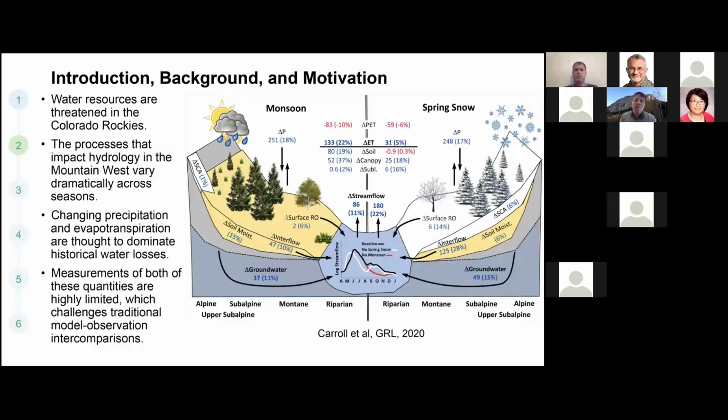So we have a cartoon plot in this figure showing the seasonal variations, and particularly focus on the left side of this figure, where we are seeing enhanced evapotranspiration under warming conditions, and perhaps decreased precipitation in complex terrain.